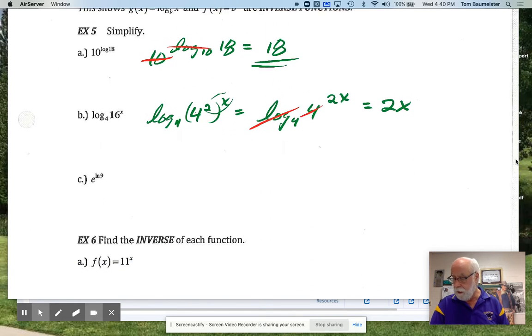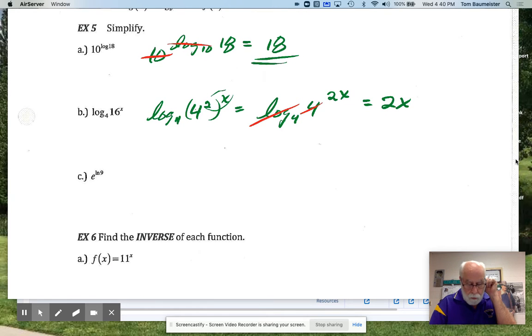And then C here, all right? On C, now remember, the natural log is log to the base e. We learned that yesterday. So on this one right here, I can write e to the natural log of 9 is equal to e to the log base e of 9.